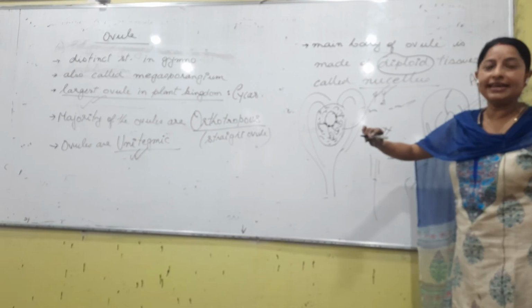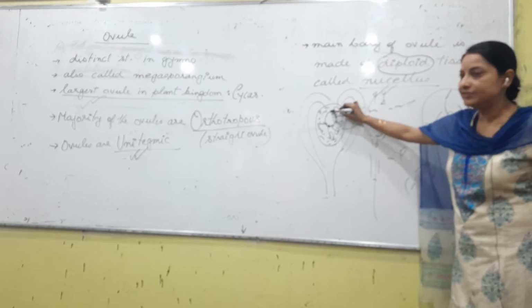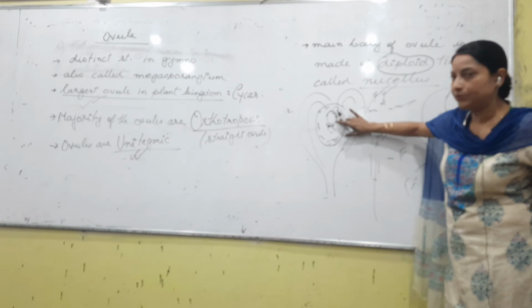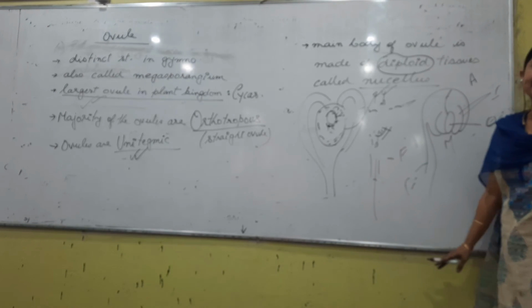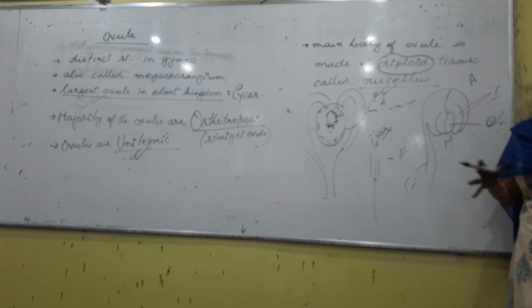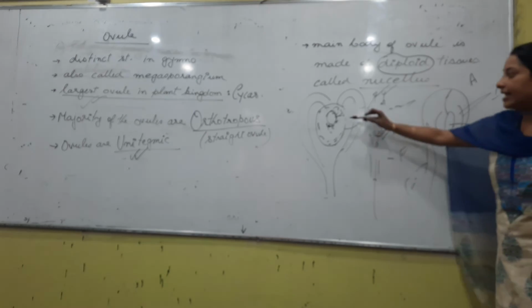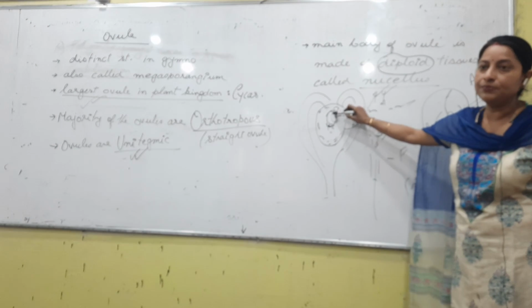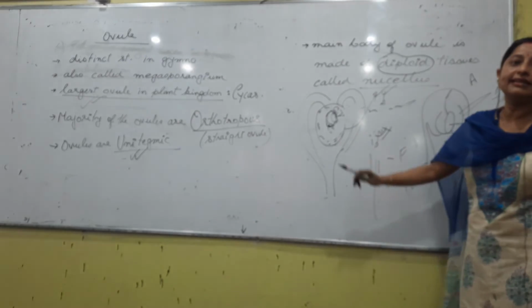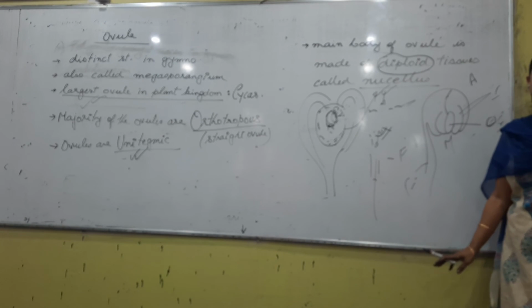So ultimately, when it is fully matured, these cells disappear. Generally the nucellus is not seen after fertilization. The nucellar tissues disappear, especially in a seed, because this structure forms the seed with the testa, tegmen and all this. So in case of a seed, are the nucellar tissues observed? No, they are not.